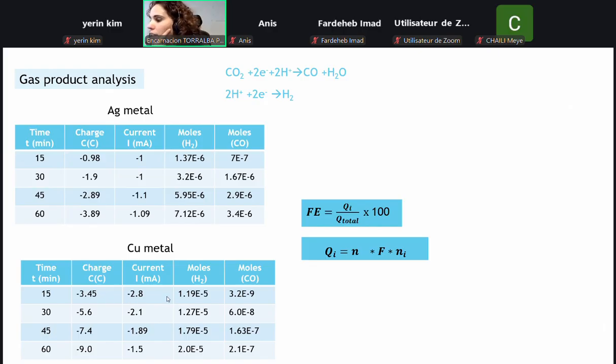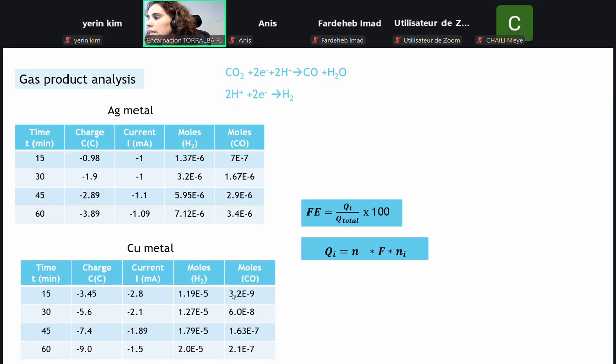I see that I produce much more hydrogen, 1.19, and I produce 3.2, much less CO. So even if I have much more charge, the charge went mainly to hydrogen and not to the product that I want. And the product that I want is related to CO2 reduction, so it's CO.